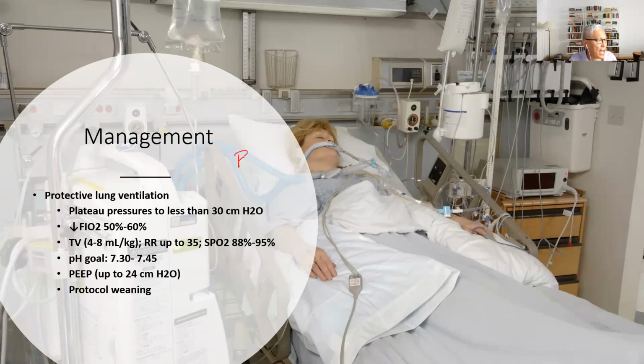So we want to protect the patient from barotrauma. That's the rupture of alveoli as a result of putting too much air on the patient. And so what we want to do is to give air pressure that is less than 30 centimeters of water. The pressure is not going to be very great because otherwise there's going to be a danger of rupturing the alveoli. We also want to make sure that we only give oxygen at around 50 to 60%.